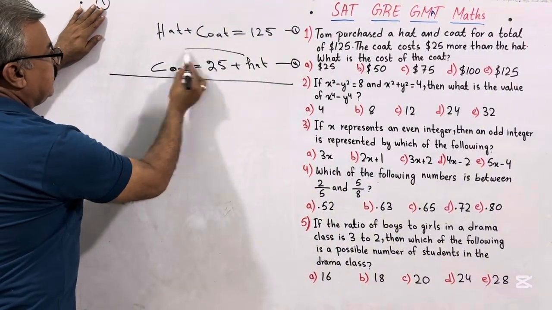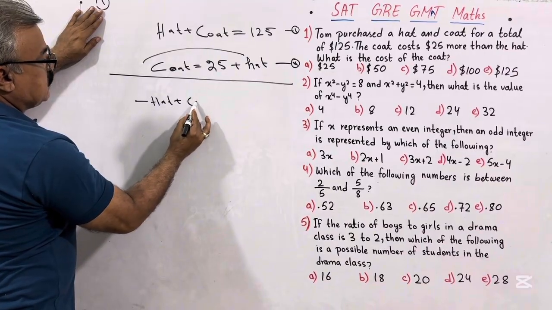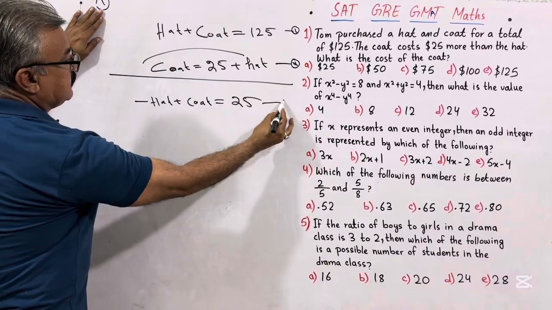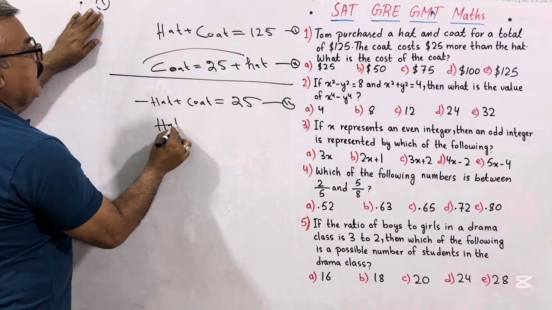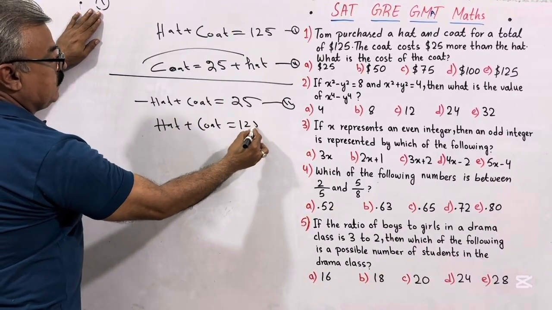Taking hat here, it will become negative hat plus coat is equal to $25. That's our second condition, and the first one is hat plus coat is equal to $125.